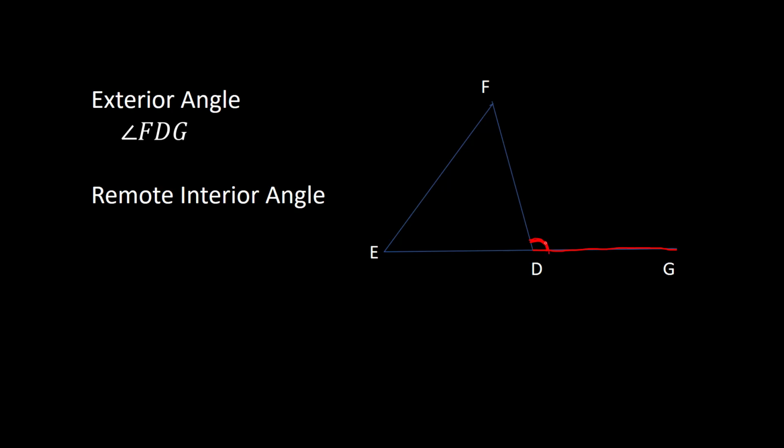So which angles are on the inside and are not next to that exterior angle? Well, that's going to be angle E over here and then angle F over here. So angle E and F would be what we call remote interior angles. So we use three letters probably to name them. It'd be FED to have this angle, and then EFD to have this angle up here.